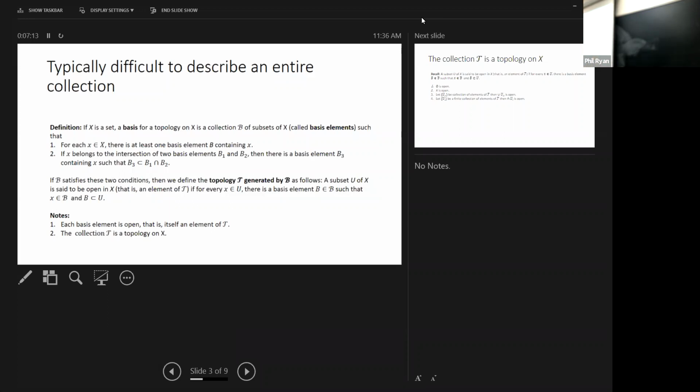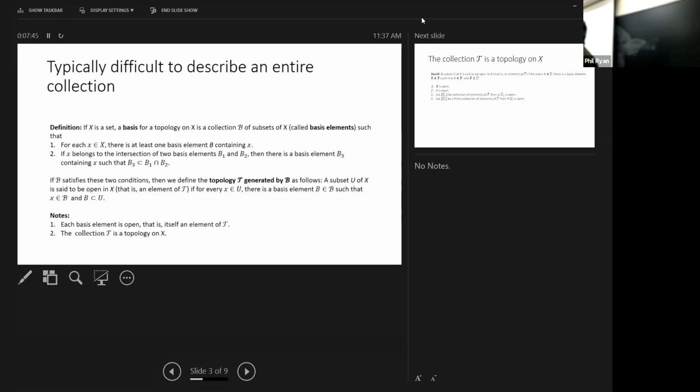To start with, that looks a little so-what-ish, but we'll see in a moment that this is actually a really, really useful concept.